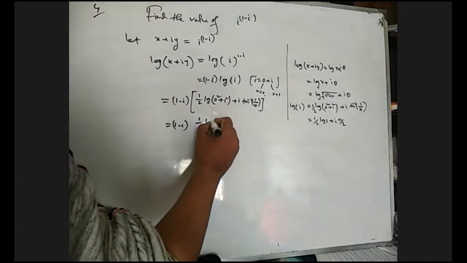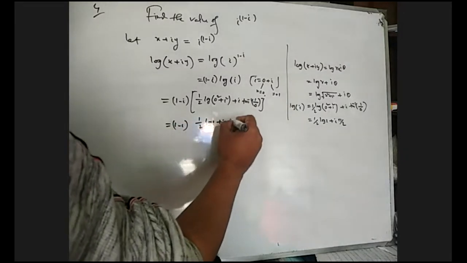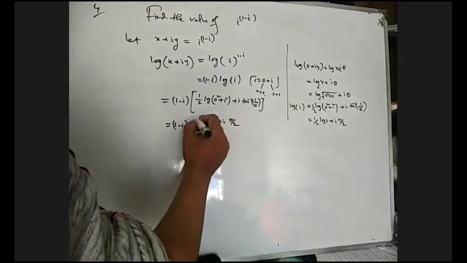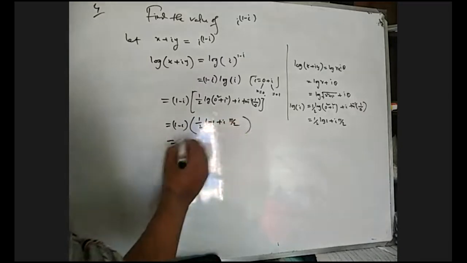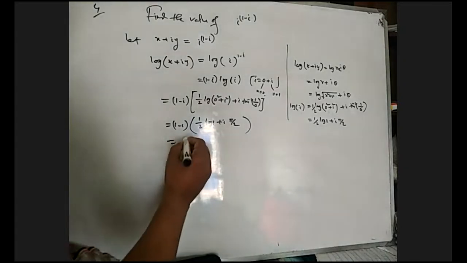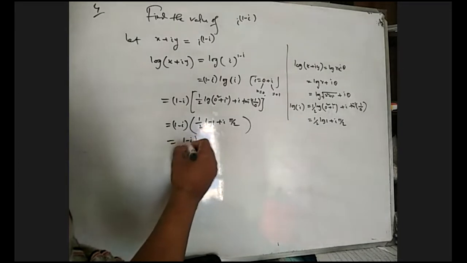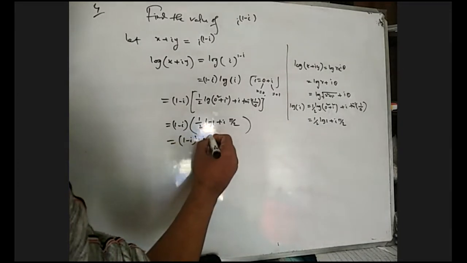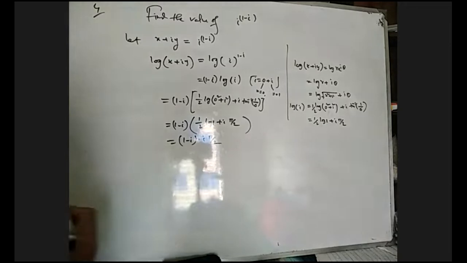Half log 1 plus I pi by 2. Log 1 equals what? 0. So 1 minus I into I pi by 2.